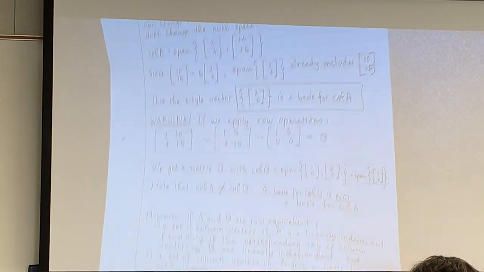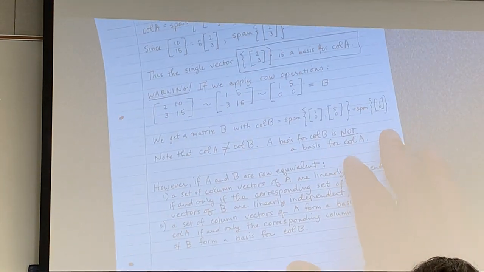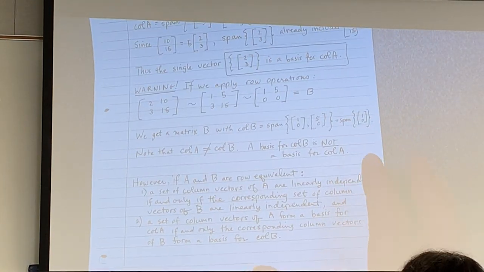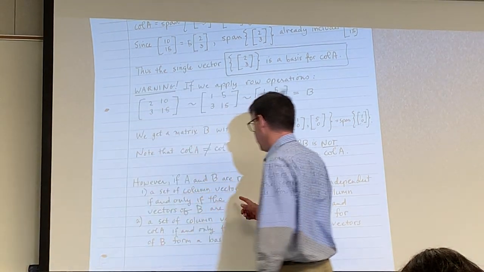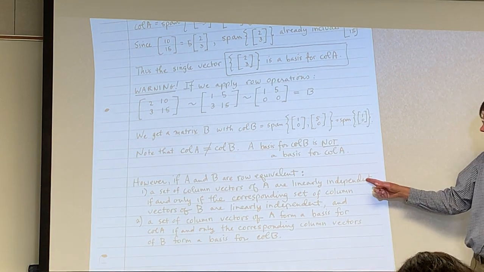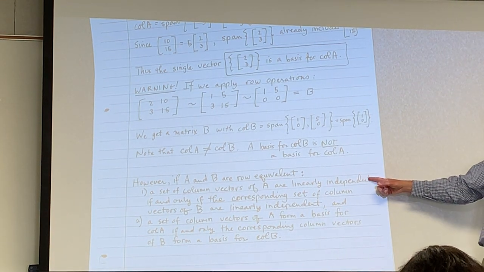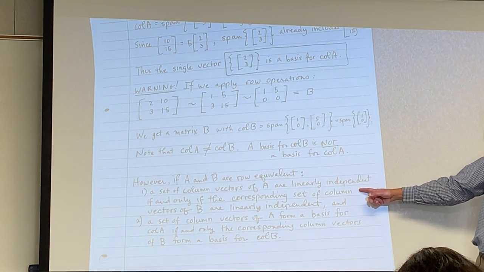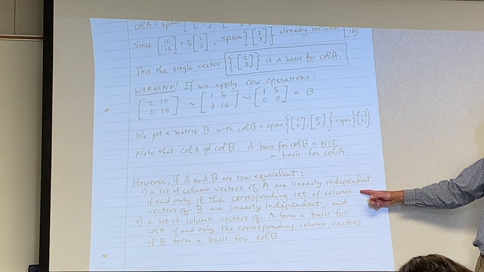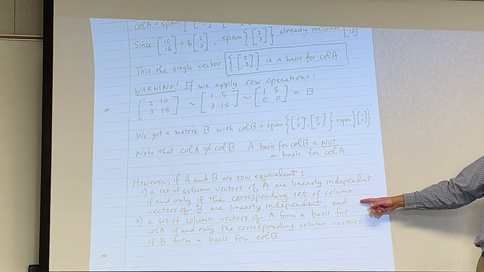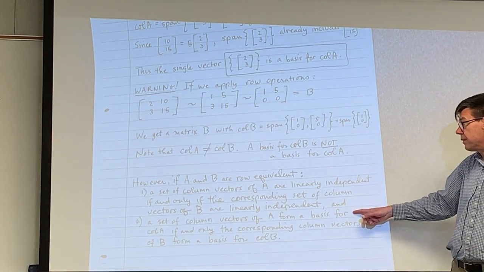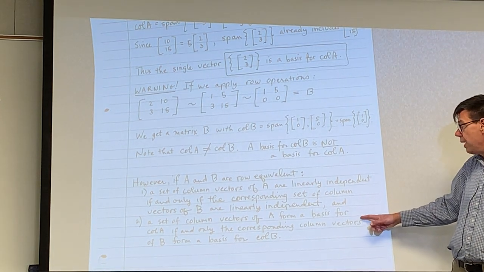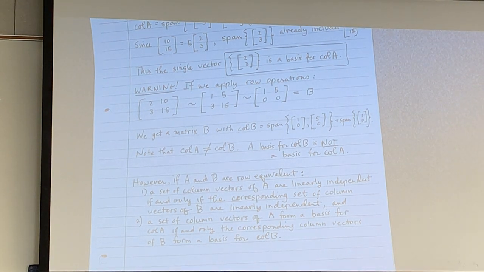However, what we can do and what we are going to do is here at the bottom of this sheet. If A and B are row equivalent, the set of column vectors of A are linearly independent if and only if the corresponding set of column vectors of B are linearly independent. A set of column vectors of A forms a basis for the column space of A if and only if the corresponding columns of B form a basis for the column space of B.